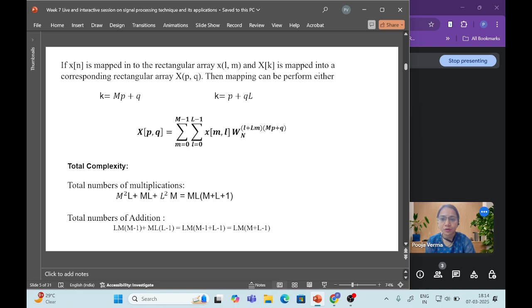So if x of n is mapped to a rectangular array, that is x(l,m), and X(k) is mapped into the corresponding array, that is, it is a time domain signal, and that X(p,q) is a frequency domain signal. It is a two-dimensional signal. Then mapping can be performed either this way or this way.